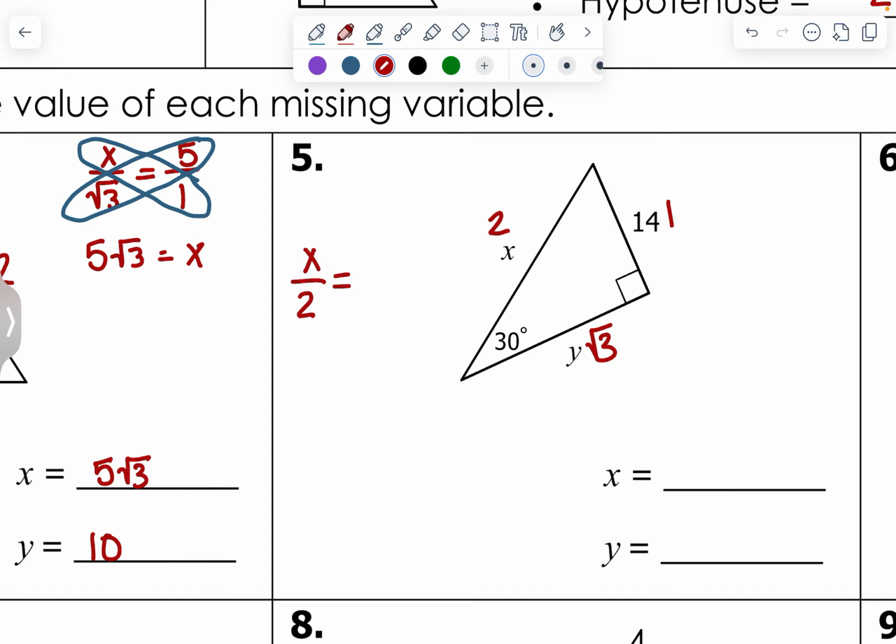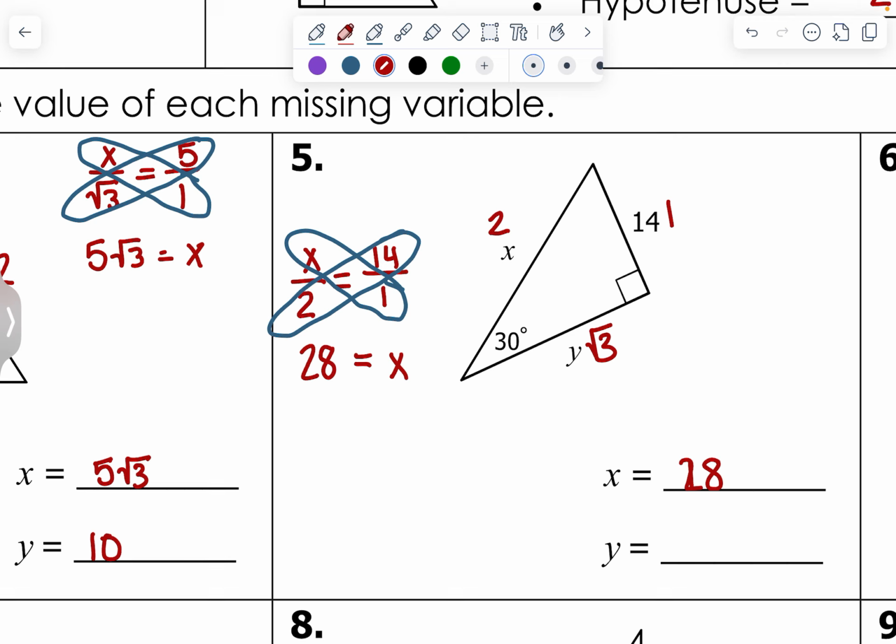So x over 2 equals our given side, 14 over 1. And now we need to cross multiply. X times 1 is x. 14 times 2 is 28. And so x, the hypotenuse, is 28 units long.